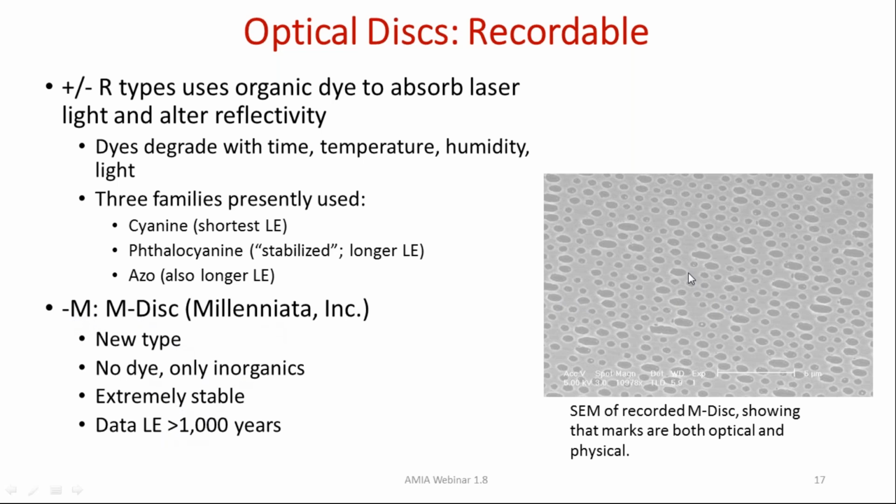For example, here's a picture of one using a scanning electron microscope. You can see that the data is very physical because it's diffracted the electrons in the microscope, but it's also optical, clearly, because we can read it with an optical disc drive. And the compatibility of this has been a bit of an issue.